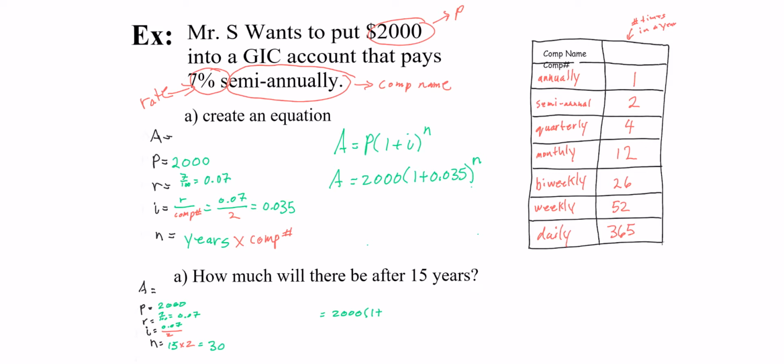I'll actually put it how I expect to see it in most of your work: 0.07, and then we divide by 2. Whatever you get for the i value goes wherever i is. And then we substitute our 30. When you do your final calculation, you're going to get $5,613.59 as our final answer. So that is what A is equal to, and I'm just going to put a box around it.